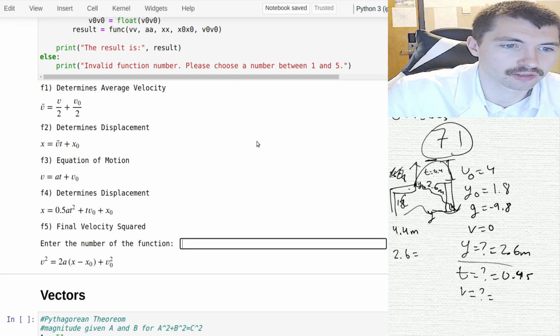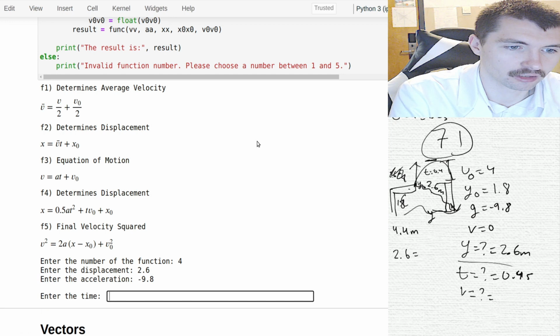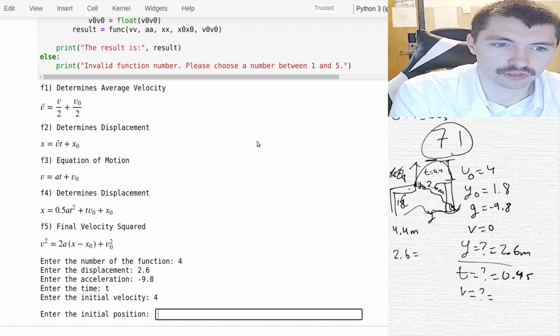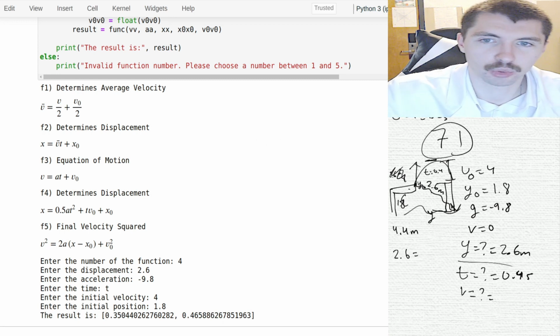Okay, let's try it again. 4.6, negative 9.8. Solving for time. Initial velocity is 4. Initial position 1.8. So we're still getting 0.4 seconds.